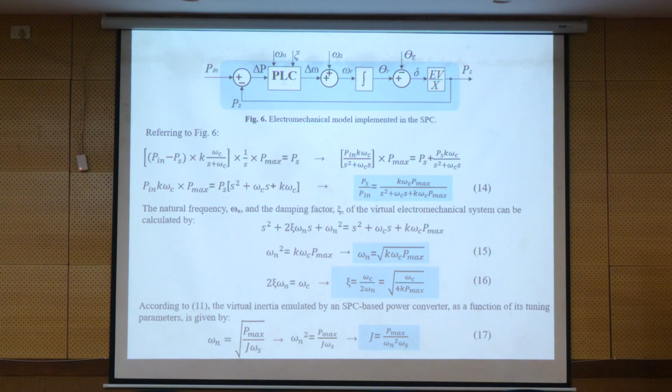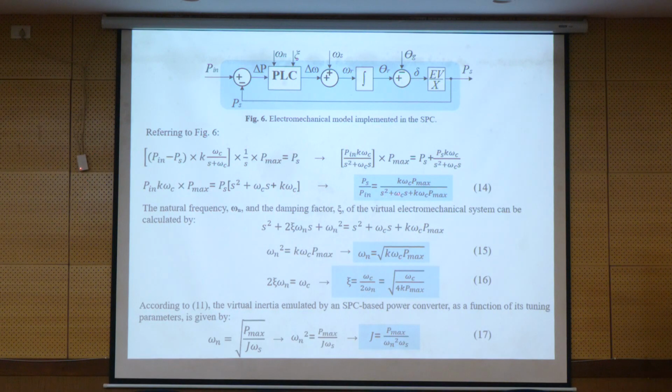By this assumption, if we get back to this calculation, we reach PS over P in equal to K omega C P max over 2 S squared plus 2 omega C S plus K omega C P max. This is just a calculation of this transfer function. By this assumption, this is a second order equation equal to S squared plus 2 Kc omega n S plus omega n squared.